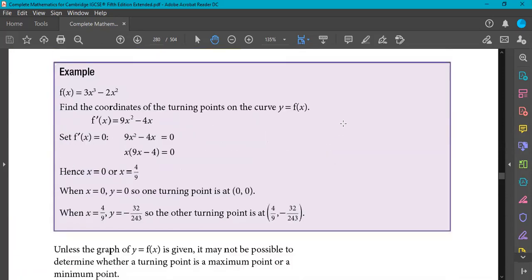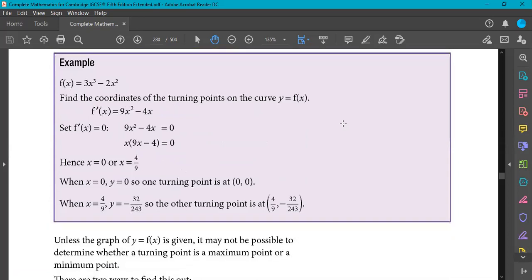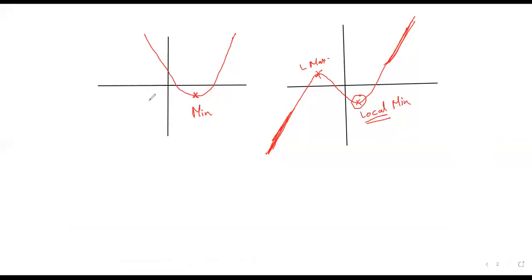Now, if someone says, Ustaz, we don't have a graph, is it a maximum or minimum? In our example, as we can see from the graph, I'll give you an example: f(x) equals x squared minus 6x plus 8.